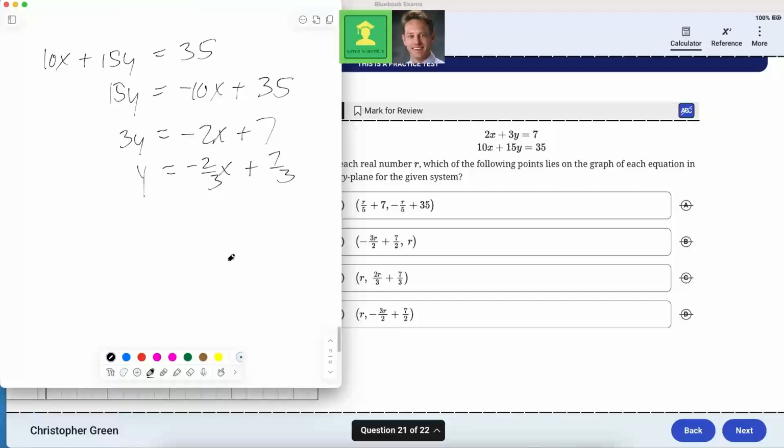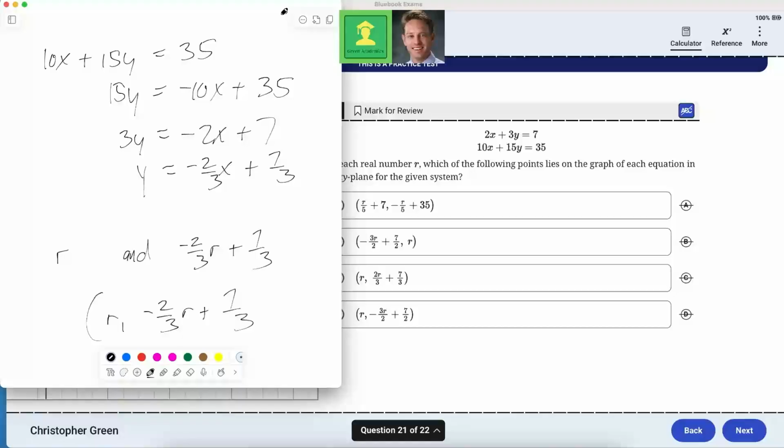So for any value r, if x was r, then y would be negative 2/3 r plus 7/3. So you're hoping there's an answer. I'm not sure if this is going to give you this as an answer. Is this an answer choice?